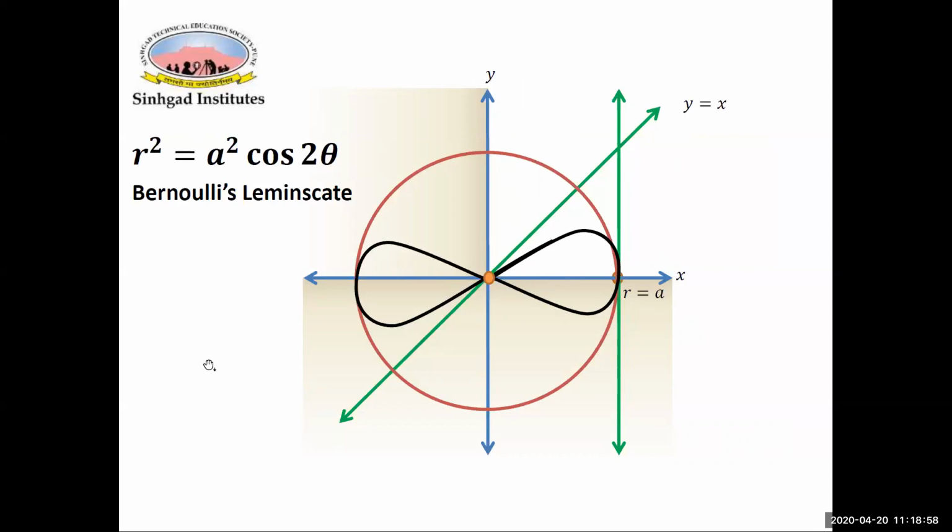So to draw the polar curves, we don't have to consider as many factors as for Cartesian curves. So this is about the lemniscate of Bernoulli.